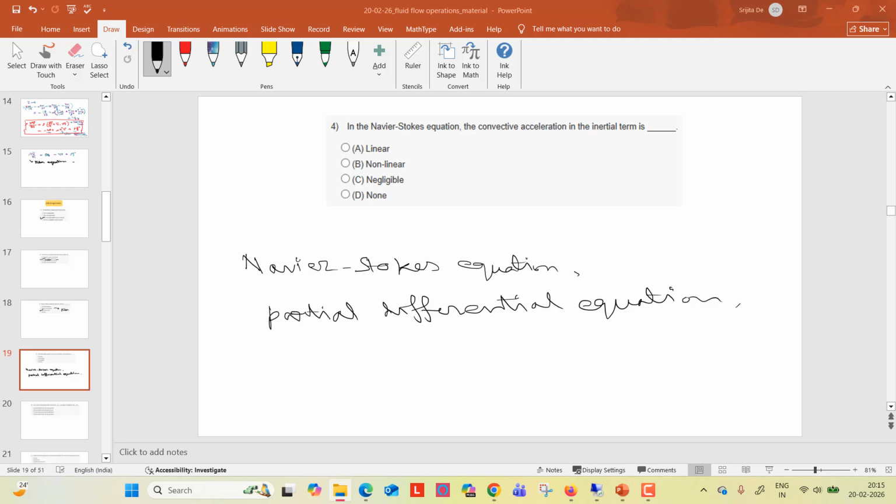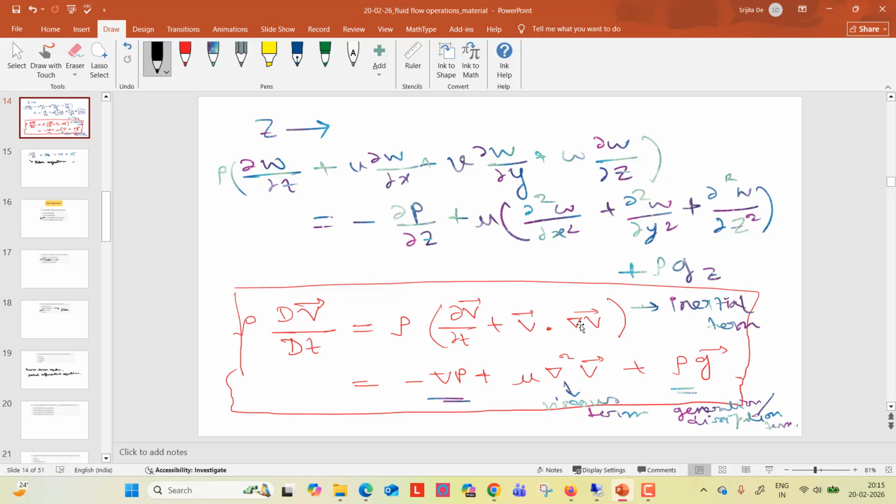Just a minute. So how these non-linear terms are coming, I will show. So you have seen the Navier-Stokes term, right? Which is the convective acceleration term it is asking about, right? So convective acceleration term is v into del v. So which term is non-linear?